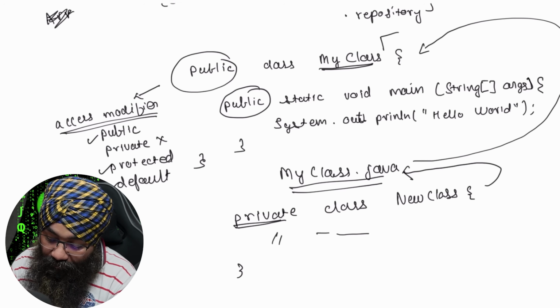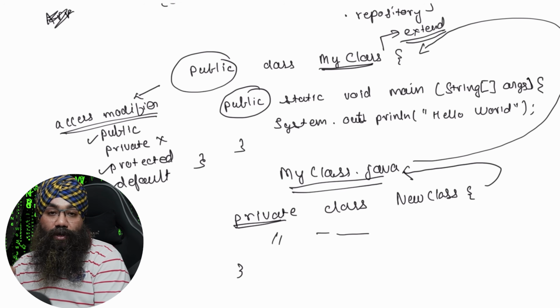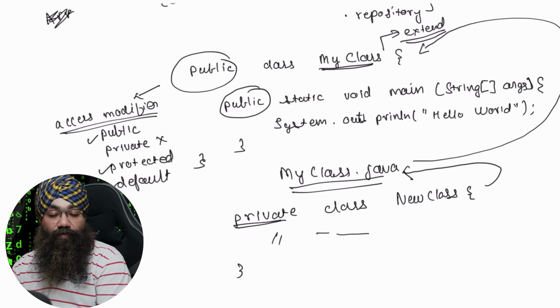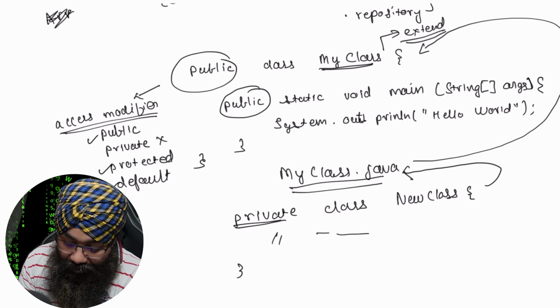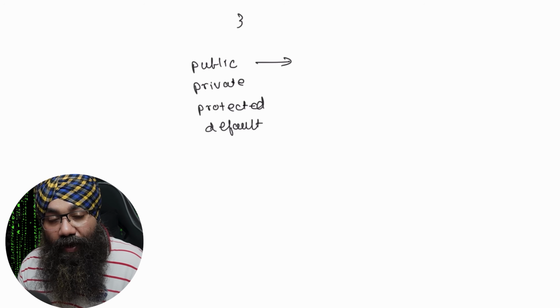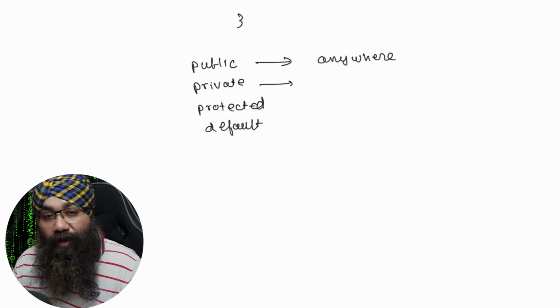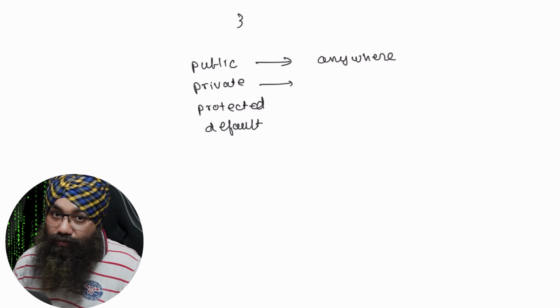So we'll understand what extend is later when we learn about OOPS concepts. So there is inheritance, and then we will understand extend. But for now, if you create public, it can be accessed anywhere. So if you create a class private, whatever you define in that class can be used in that class only.